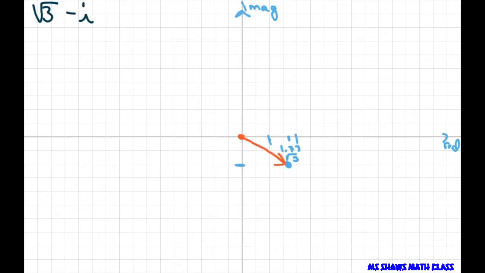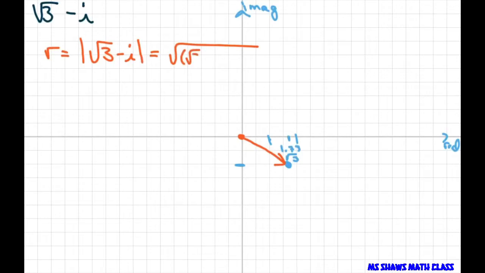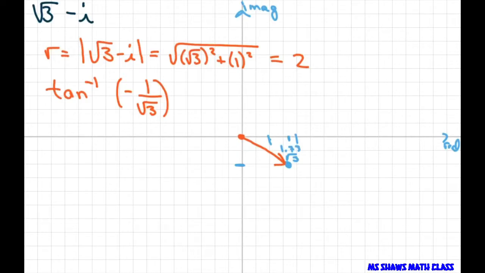All right, so your r equals the absolute value of square root of 3 minus i, which equals the square root of square root of 3 squared plus 1 squared, which equals 2. So we get inverse tan of -1 divided by square root of 3. And again, our angle's going down, so this is going to equal -30 degrees.